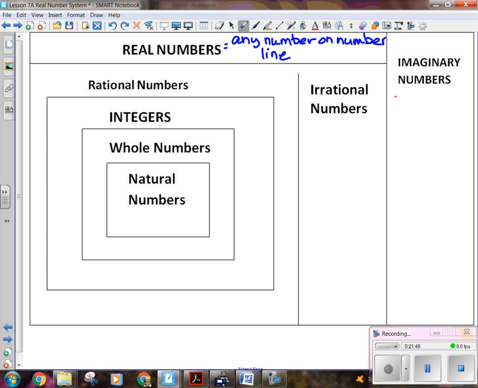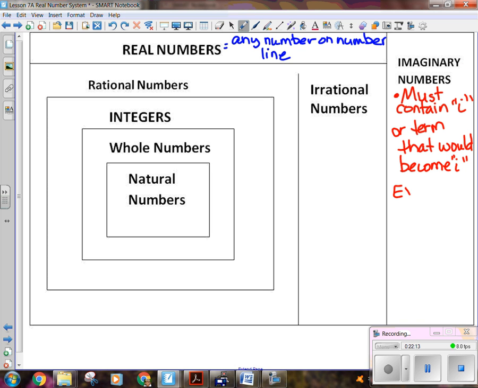So imaginary numbers must contain a little letter i, or be a term that would become an i. For example, what's the square root of negative 25?